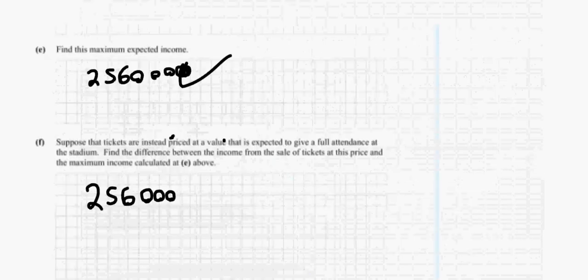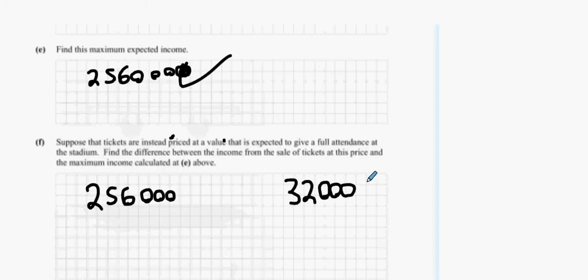So using this formula here, 32,000 multiplied by, sorry, 25,000, isn't it? So what did we learn earlier? We learnt earlier that selling the tickets at €20 gets how many people?